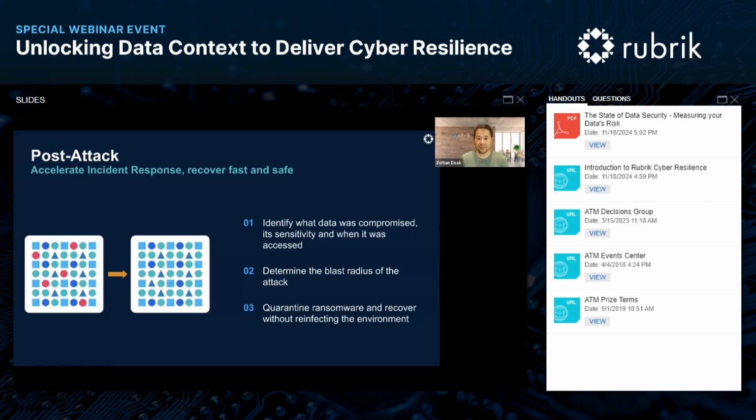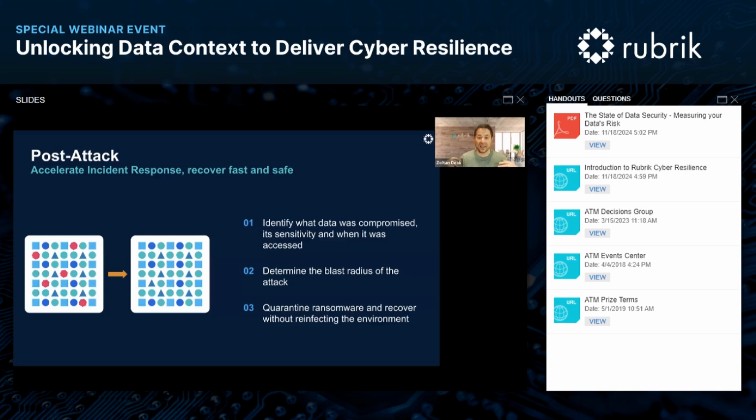So Rubrik's data remediation capabilities are going to allow you then to surgically and rapidly recover your apps, your files, or your objects while avoiding malware reinfection. So you can safely, at any scale and granularity, quarantine infected data, restore impacted apps, files, or objects, and orchestrate recovery of applications.